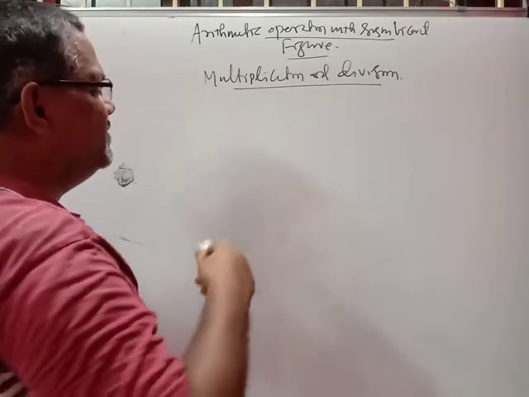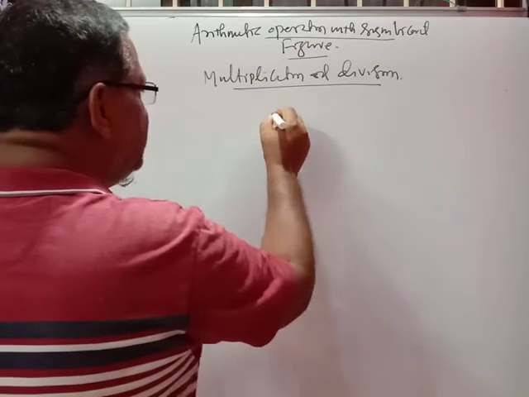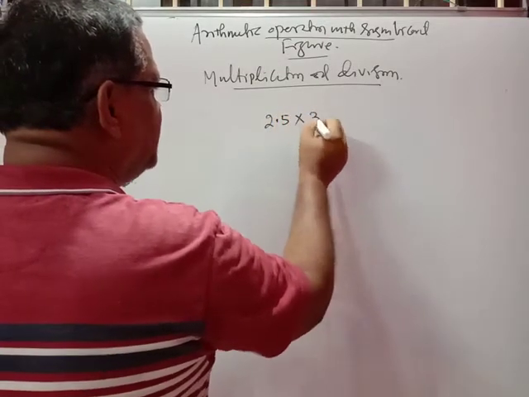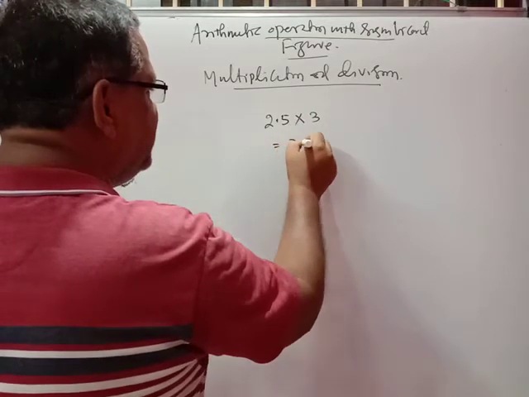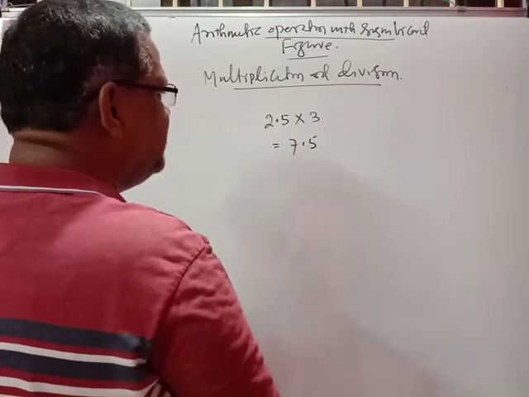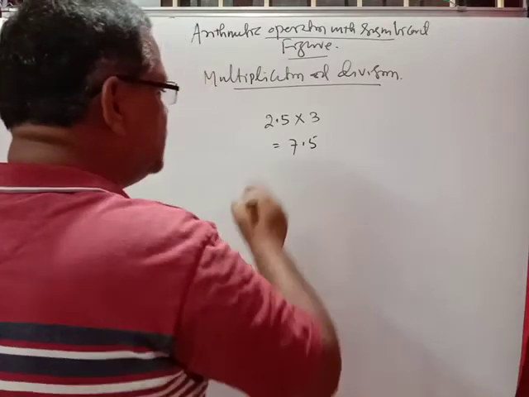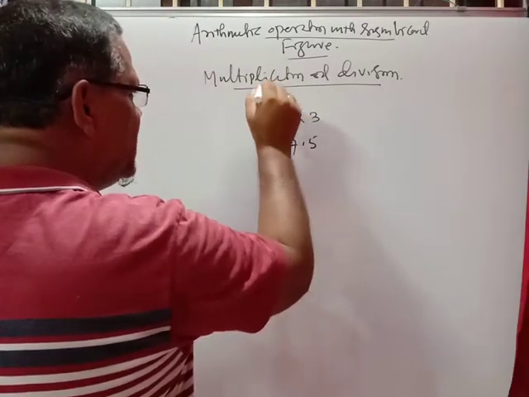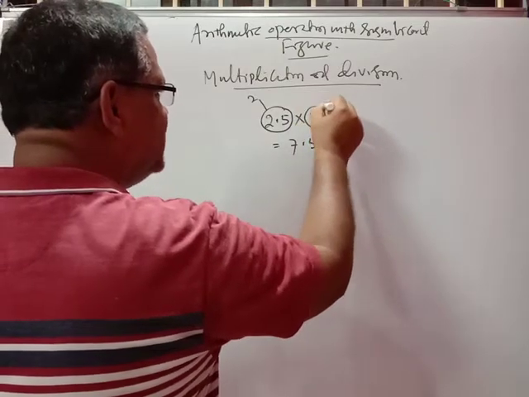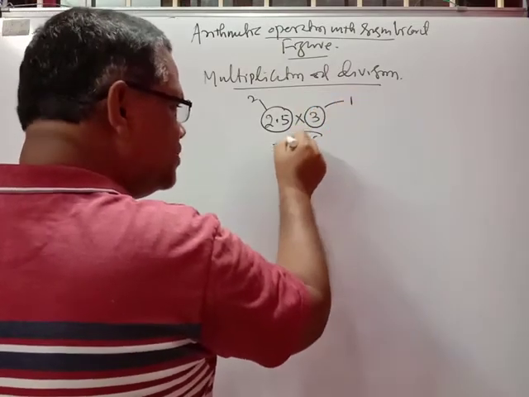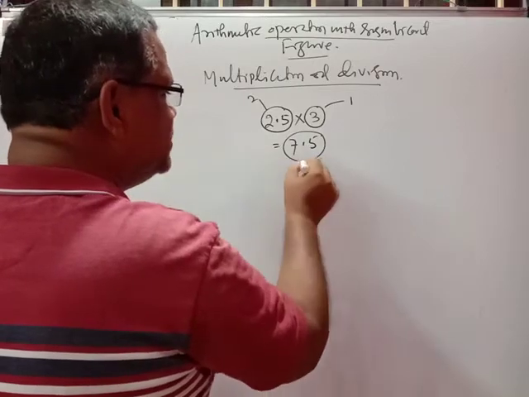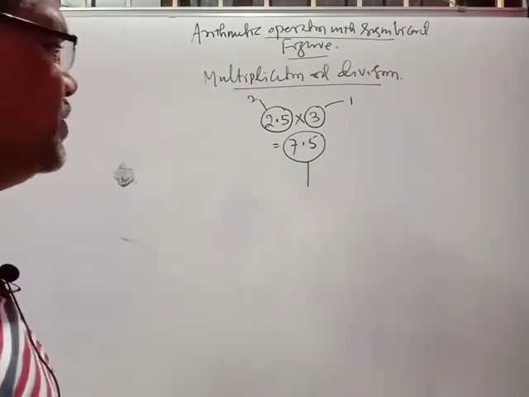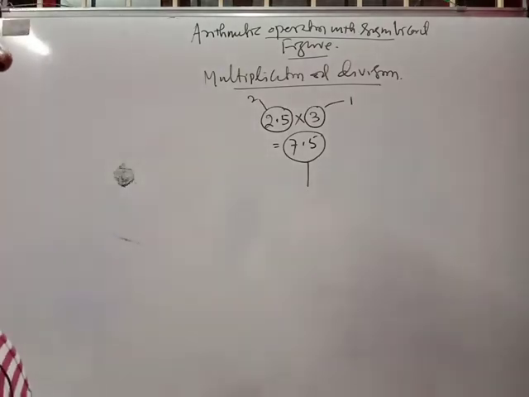For example, 2.5 multiplied by 3 equals 7.5. No doubt it is 7.5. But here the number of significant figures in one quantity is 2, and in the other it is 1. The result is rounded off to the minimum number of significant figures, that is 1.